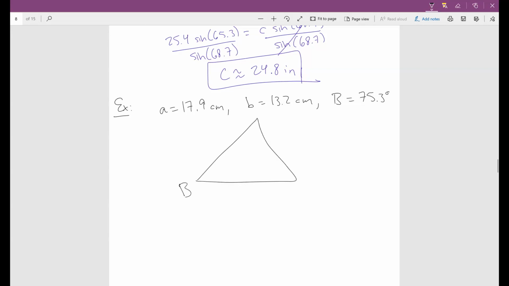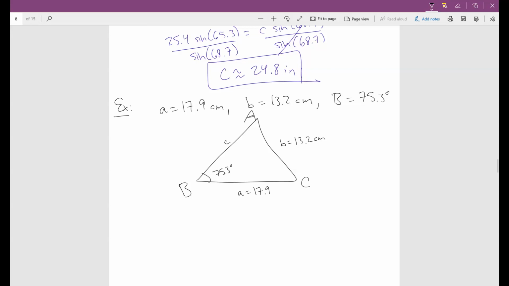Let's say this is B. This is going to be 75.3 degrees. Across from it is little b, that's 13.2 centimeters. Then you're going to have your A. Let's just label this A. I don't know what that A is, but I know little a, across from it, is 17.9, and the other one is going to be C and little c.